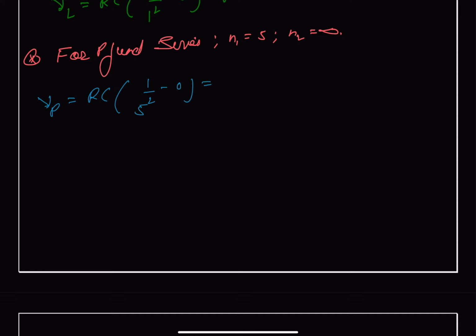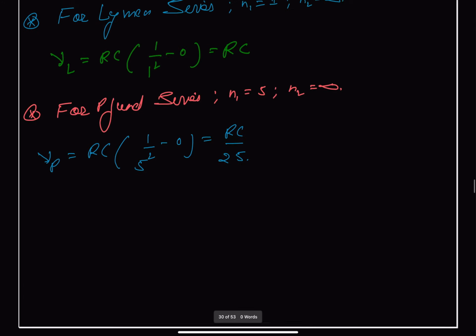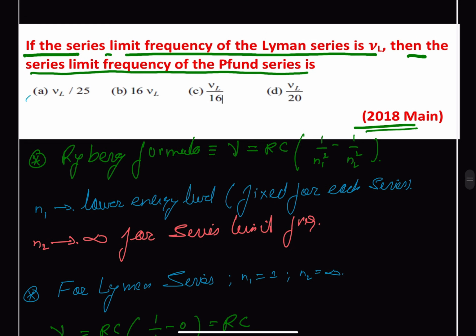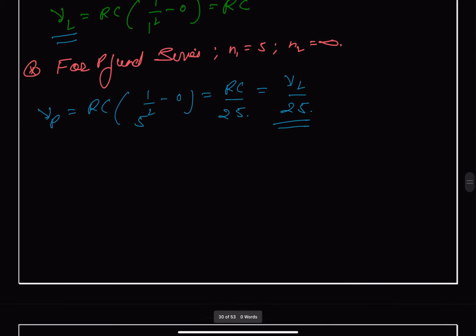This gives us RC upon 25, and RC is nothing but nu L. So we get nu L upon 25. So option A is correct.